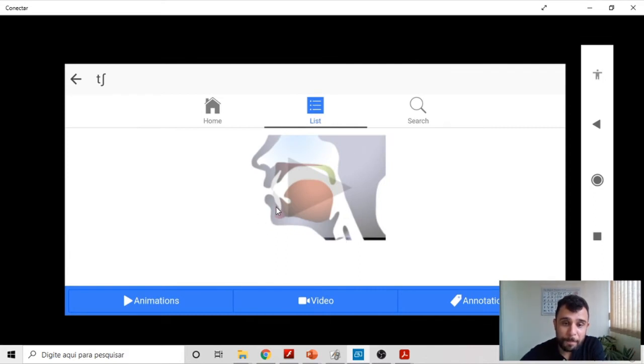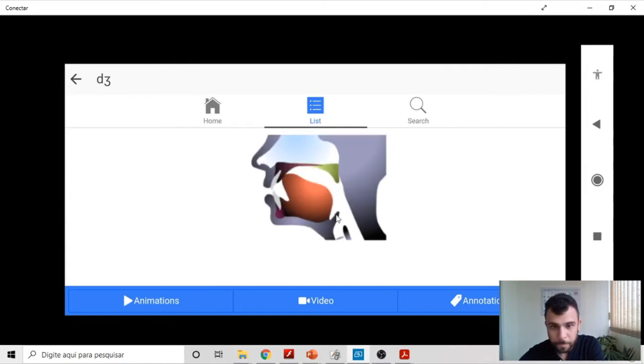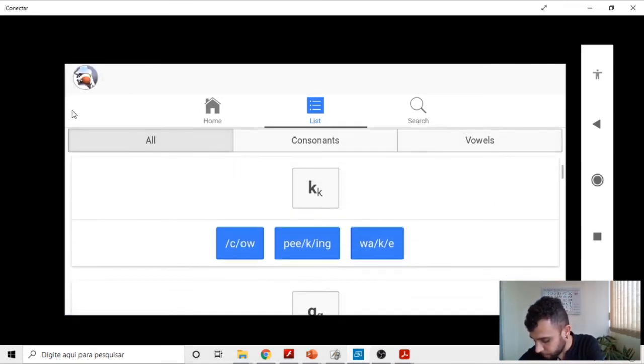This is not a plosive sound, as we saw, because it starts as a plosive and it ends as a fricative. This is called an affricate sound. Same thing here. Ja. Same sound, but there is vibration. Now, next we have this one.